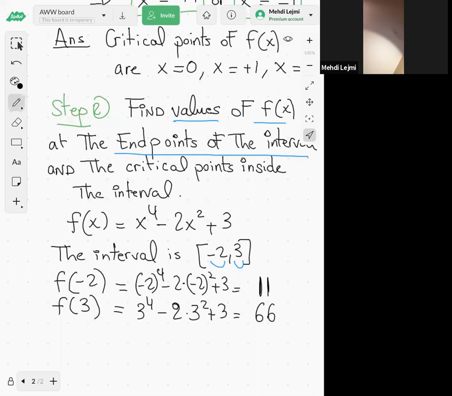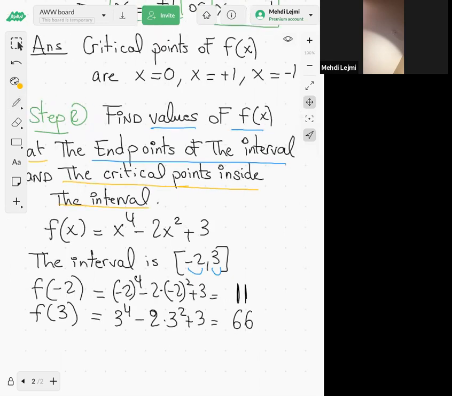Now, next, I have to find the values of f of x at the critical points which are inside the interval. So remember my critical points, guys. I got 0, I got +1, and I got -1, right? So I have to evaluate my function f at 0, +1, -1. But just be careful.